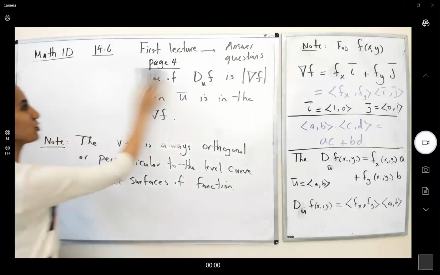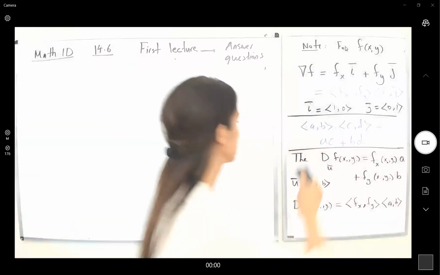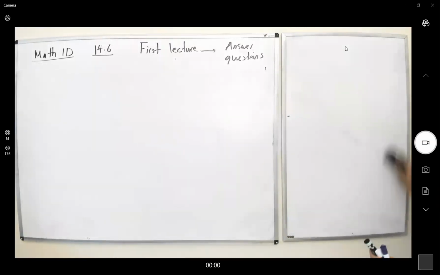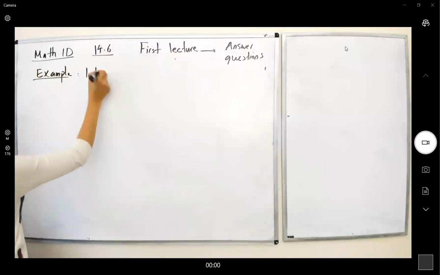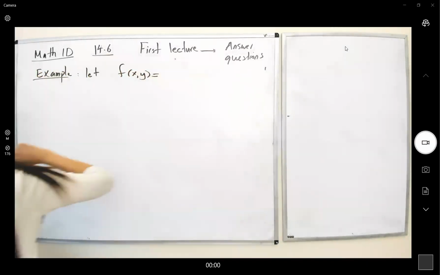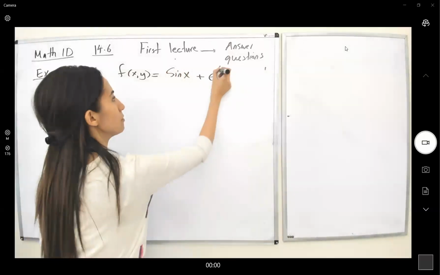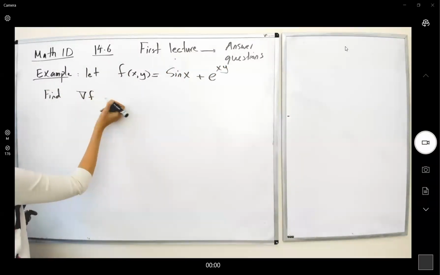One example and two checkpoints for you. So example 1 says, let function f be equal to sine x plus e to the xy, then find the gradient of function f.